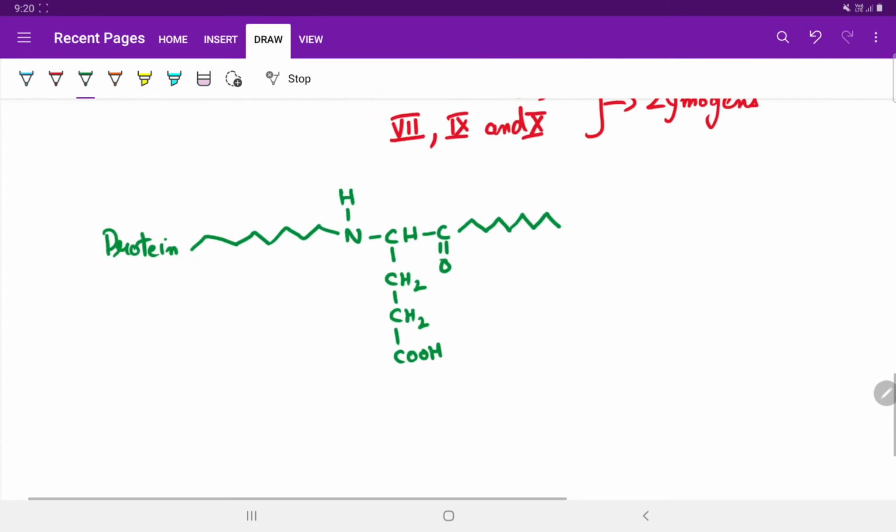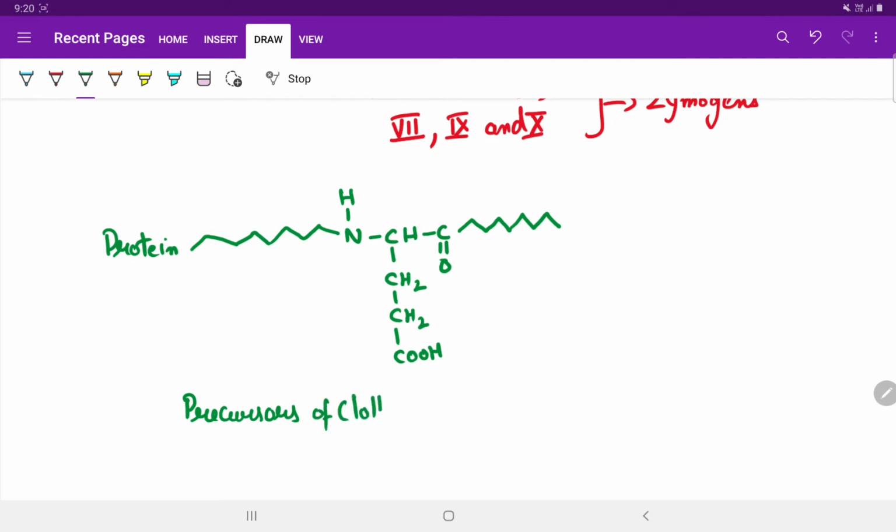So students, these are the precursors of clotting factors 2, 7, 9 and 10.